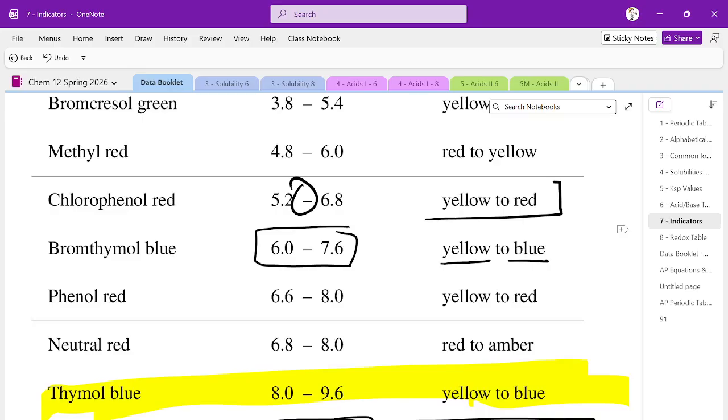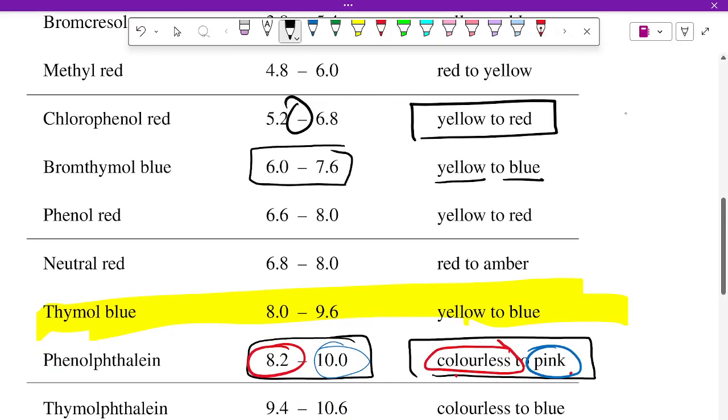So it will be between yellow and red. It'll be like orange now. Just say orange. Don't say yellowy orange. Don't try and be fancy about it. Just say orange because it's within the 5.2 to 6.8 range. It will be orange.